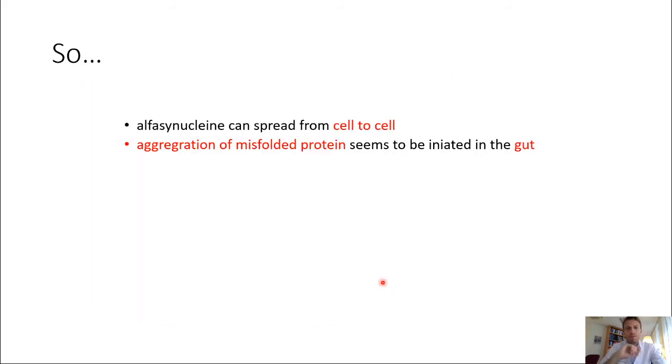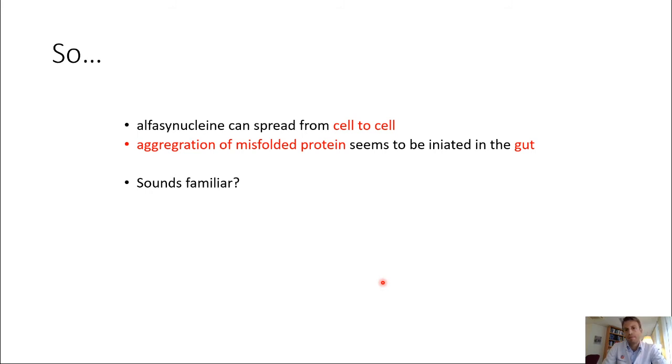So the take-homes from this are that pathological alpha-synuclein can spread from cell to cell and from neuron to neuron. Aggregations of misfolded protein seem to be initiated in the gut and, even after years and years, only end up in the brain. So it's not just a brain disease, it's a gut-to-brain axis.